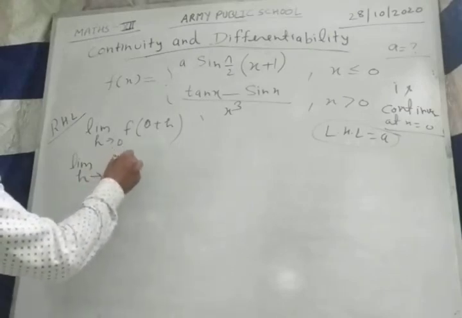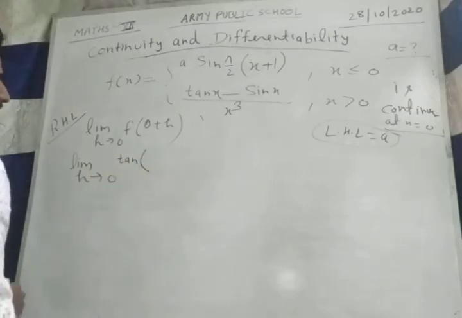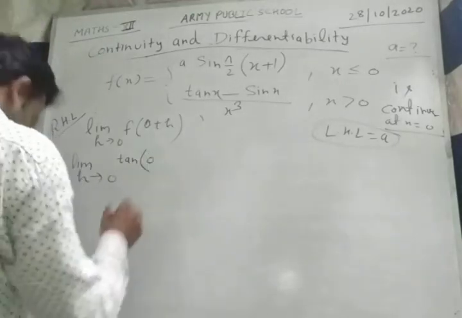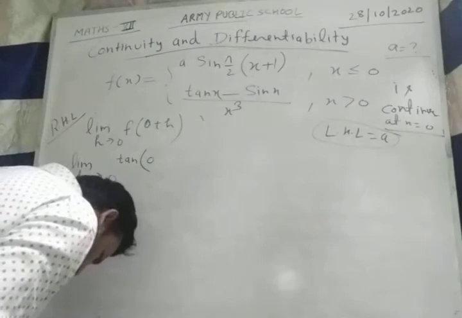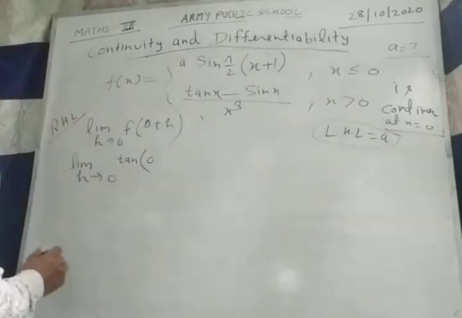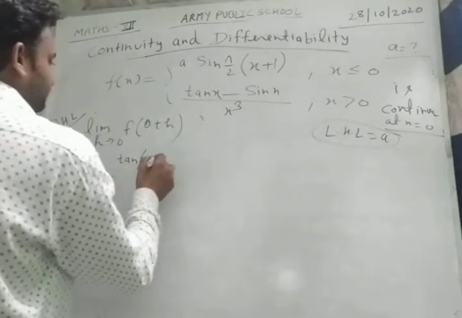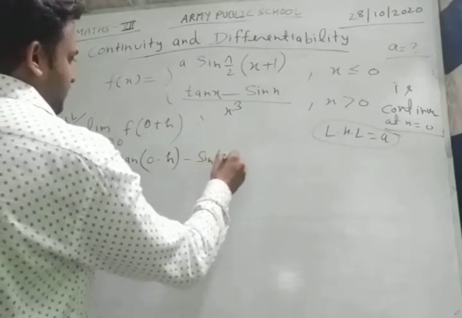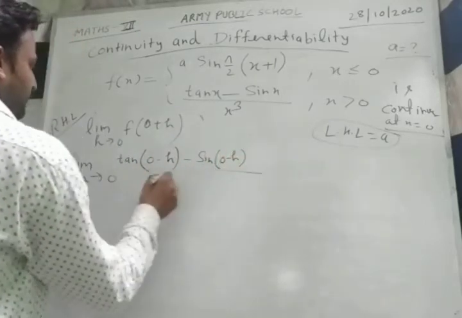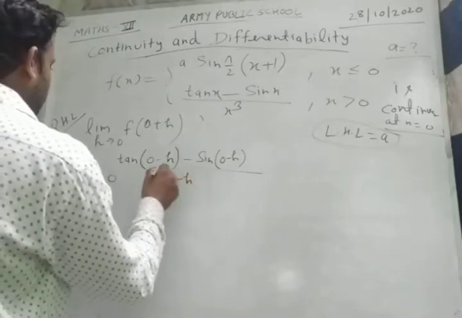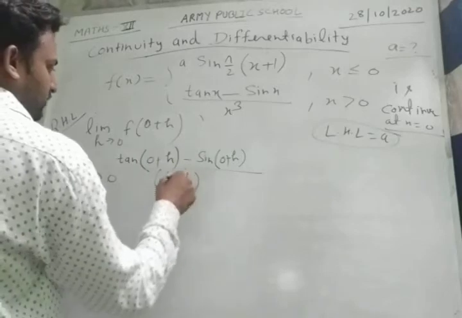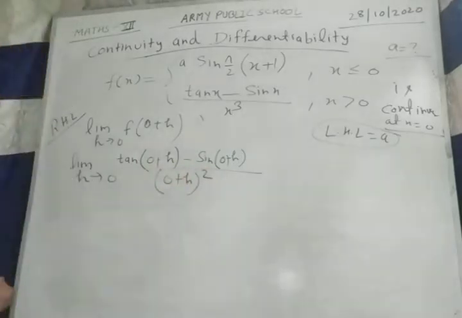The function is tan(0 plus h) minus sin(0 plus h) divided by (0 plus h) whole square. Sorry, divided by (0 plus h) whole cube.